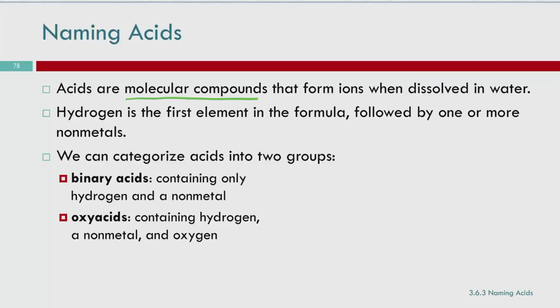So strictly speaking, a lot of these have to be dissolved in water for them to qualify as being acids. If they're not dissolved in water, then they're not acids, they're just molecular compounds. I'm not going to make a big stink about that distinction. For our acids, hydrogen is the first element.